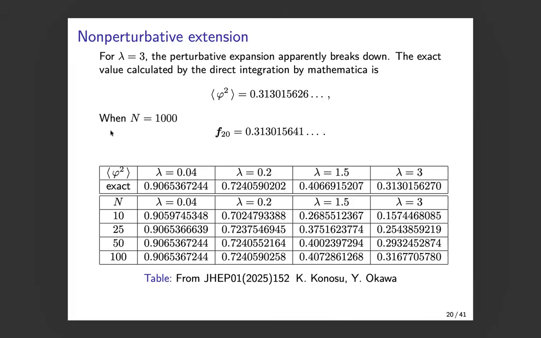And finally, when we take n equals 1000, we have this result. This reflects that the exact inverse corresponds to matrix size infinity, and if we truncate the matrices and increase the size, it approaches the exact result. This is a numerical check, but it seems that our first intuition is correct.